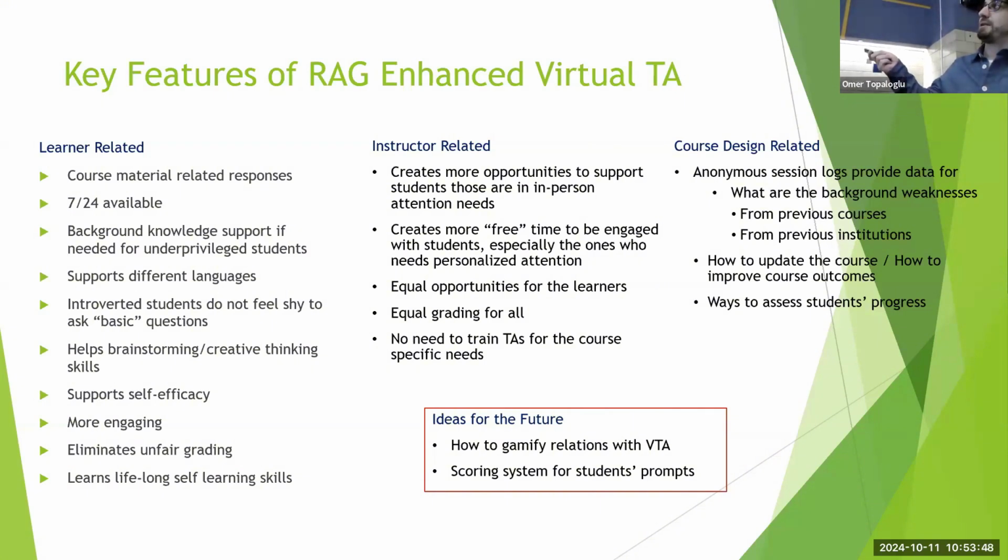And on the instructor level, the instructor is going to create some time for himself in class, because the LLM is going to help the students with their knowledge and information. So that this instructor can spend more time with the students from underrepresented groups, or students with more individual needs.